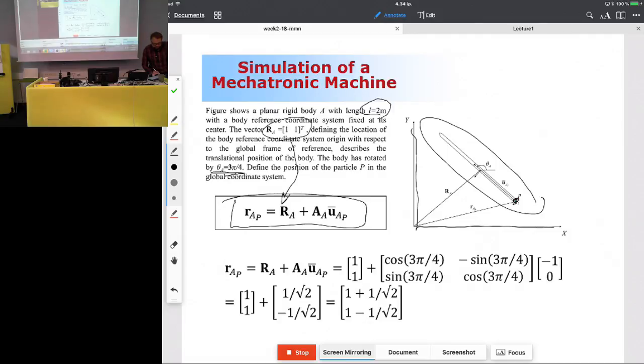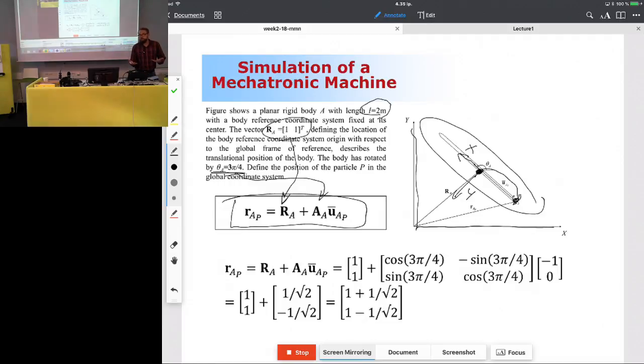I will put the angle into this 2 by 2 rotation matrix, and my only a little bit cumbersome component is the vector u-bar. If you look at the body reference coordinate system, the x-axis is pointing in this direction, the y-axis is pointing in this direction. In order to define the vector u-bar, you have to move yourself into the body reference coordinate system. Now you're in the body reference coordinate system, and you want to travel from here to here.